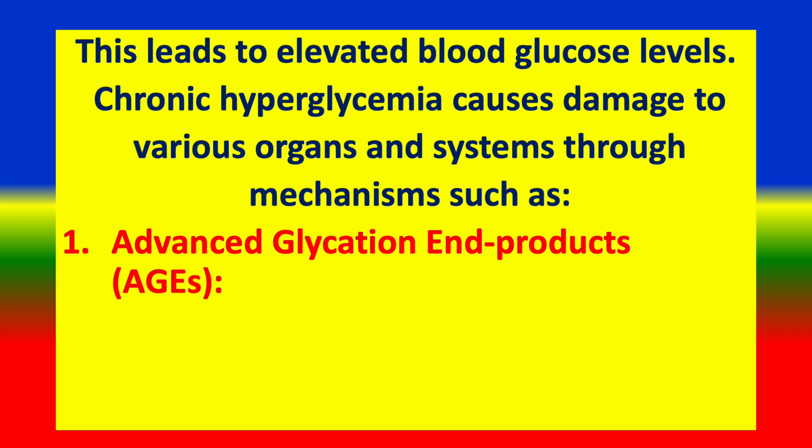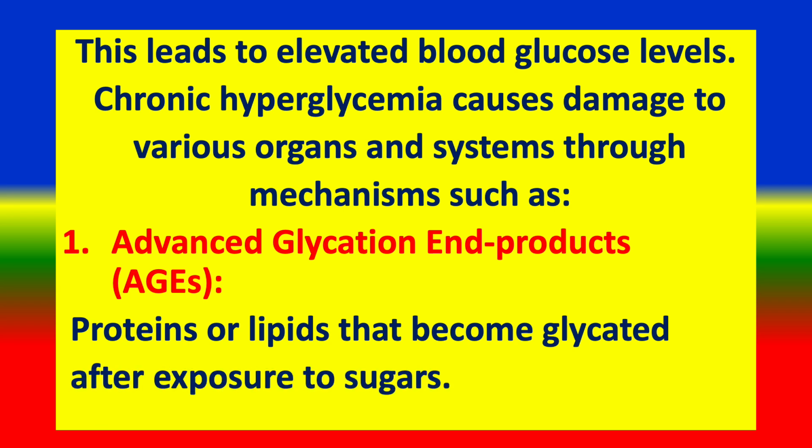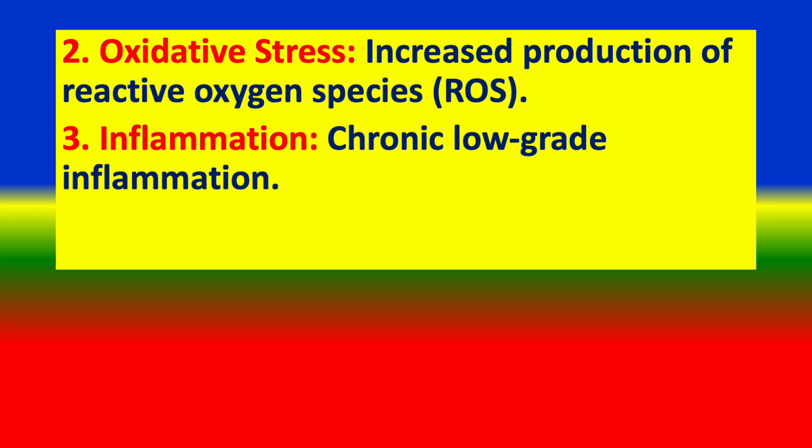Advanced glycation end products, proteins or lipids that become glycated after exposure to sugar. 2. Oxidative stress, increased production of reactive oxygen species, ROS. 3. Inflammation, chronic low grade inflammation.